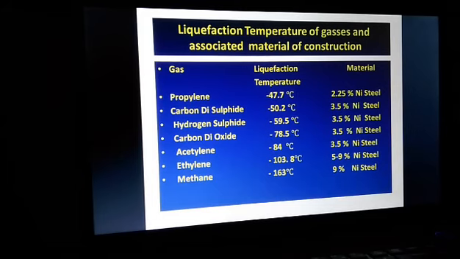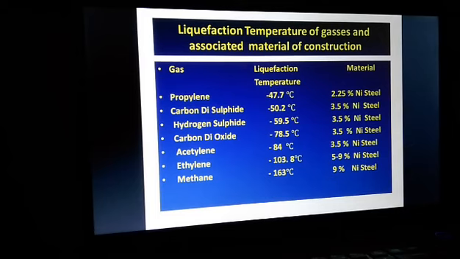Gas: propane, minus 47.7 degrees centigrade, material 2.25% nickel steel. Carbon disulfide, minus 50.2 degrees centigrade, 3.5% nickel steel. Hydrogen sulfide, minus 59.5 degrees centigrade, 3.5% nickel steel.